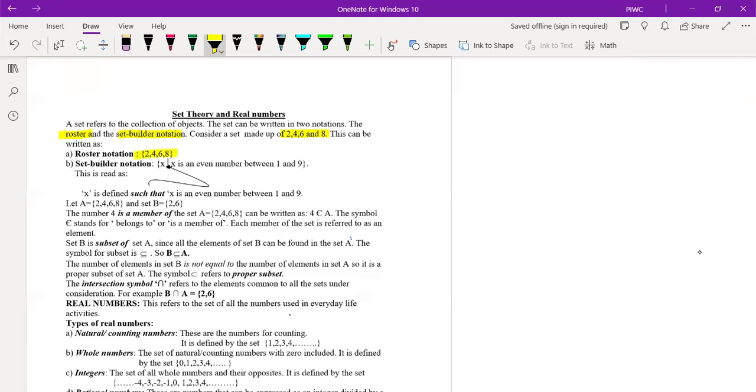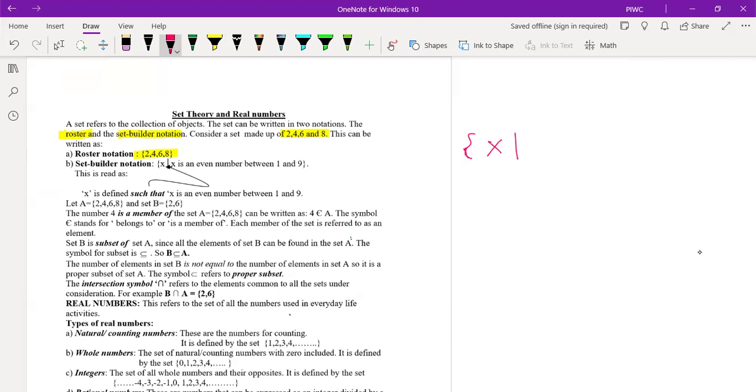Then when we talk about the set builder notation, this is where you write it in this format. So you have curly brackets, and then you define the variable x. So you're going to say x. And then with this vertical line, which we read as such that, you can define the set of numbers that you have here in words, like using just a basic sentence.